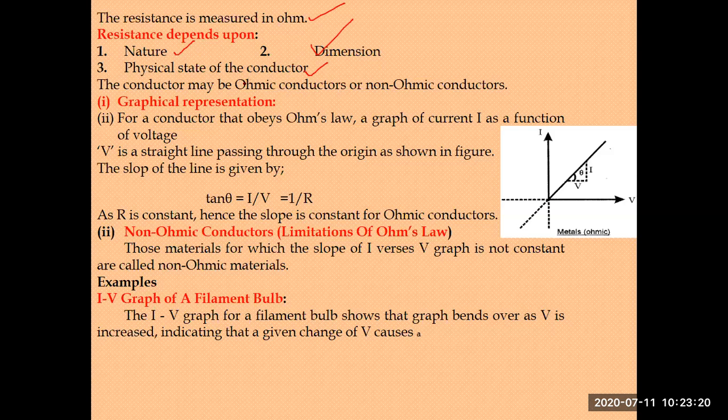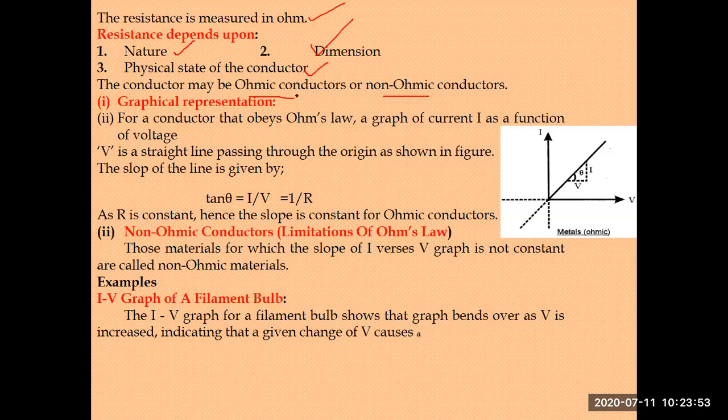So conductors may be ohmic or non-ohmic, and we will see with the help of a graph what the ohmic conductors are and what the non-ohmic are. After looking at the shape of the graph, we will be able to decide that this graph is only for ohmic types of conductors, and that graph is only for non-ohmic types of conductors.